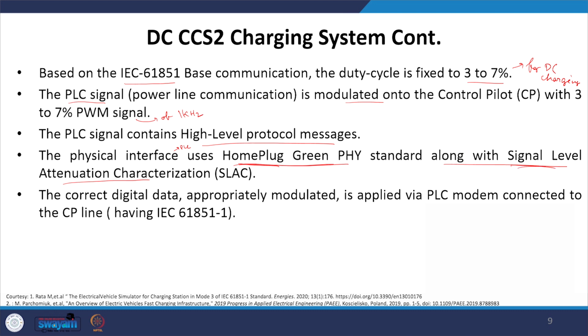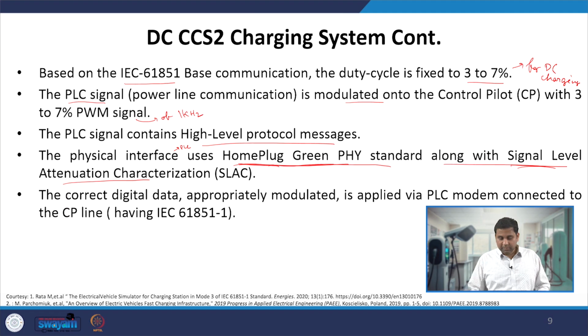After that only, the HomePlug Green PHY standard will determine the different physical aspects of the communication, like the voltage levels, the band of frequencies, the subcarrier frequency, and how far the bands are arranged. Those things will be determined by the HomePlug Green PHY standard, the physical property of the communication. However, before that the signal level attenuation characterization has to be done.